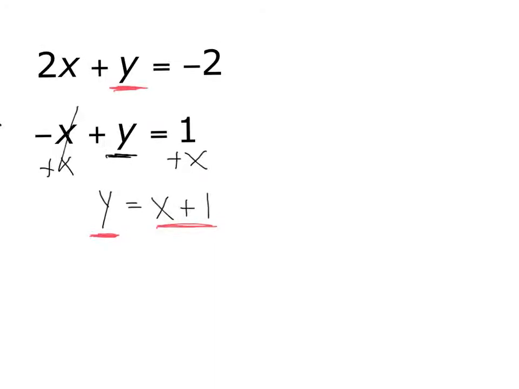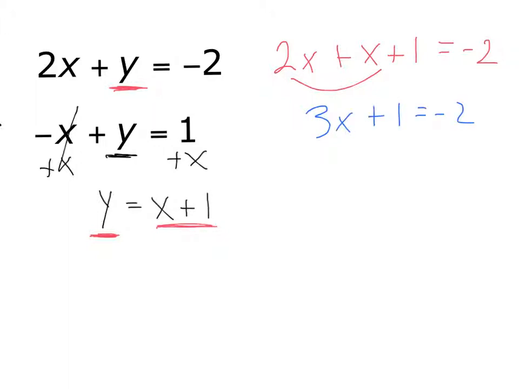We have 2x, and instead of y, we have x plus 1, and that equals negative 2. Now let's combine like terms. 2x and x add together to give us 3x plus 1 equals negative 2.